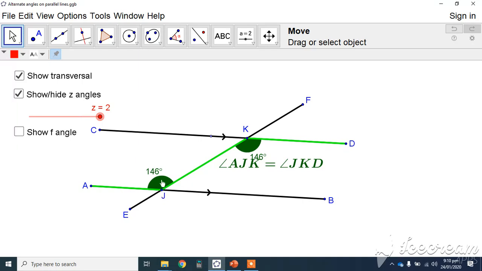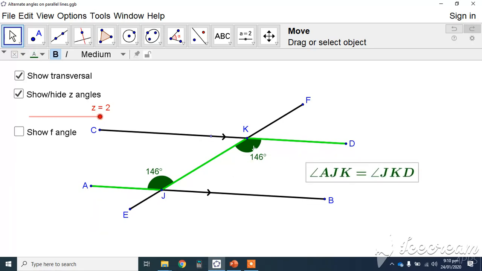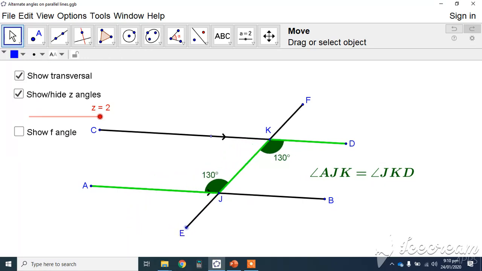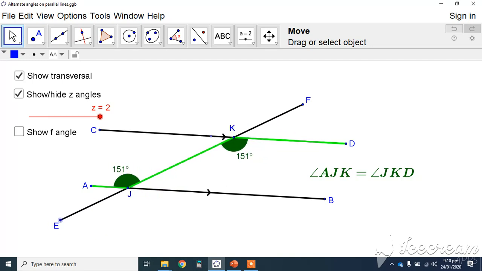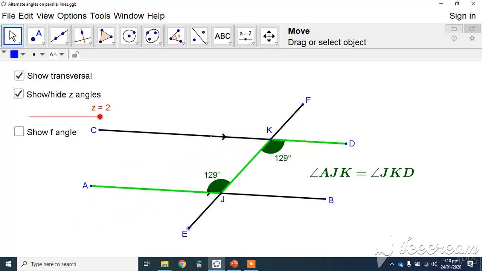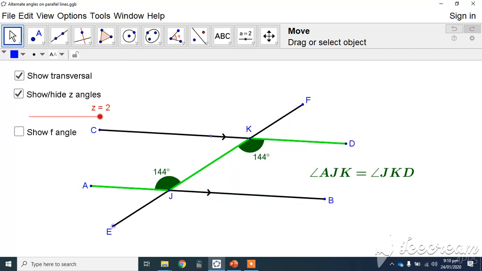These two on the other side are also alternate angles, and they are equal as well. It doesn't matter where I move my transversal, you can see that those alternate angles will stay the same. They are equal. Now I know you're probably going to argue that this doesn't really look like a Z, it's more like an S, but we still give them the name Z angles.